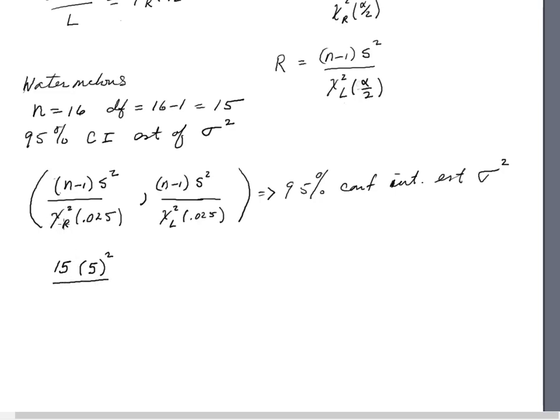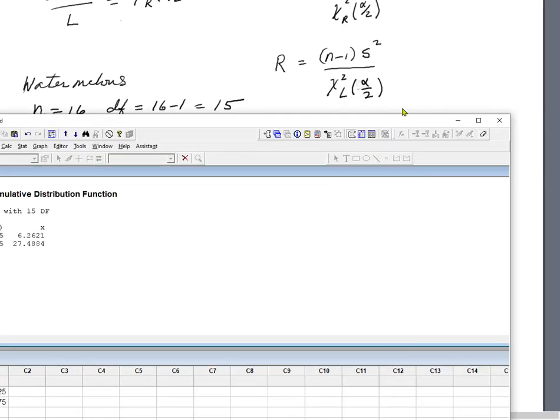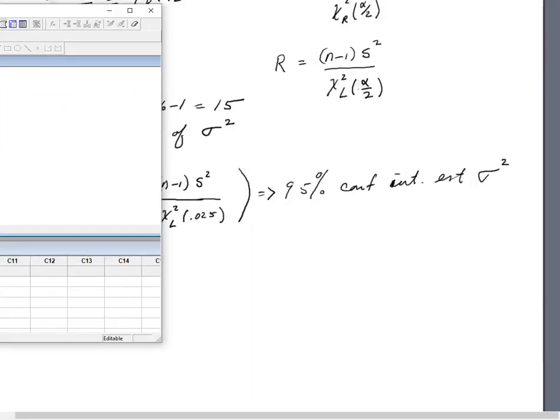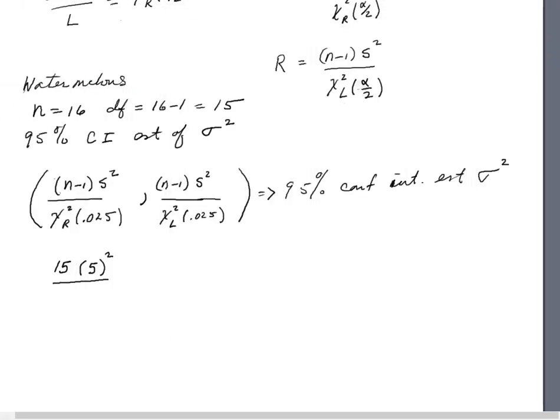And chi-square r 0.025 for 15 degrees of freedom, we calculated that a second ago, and we've still got the results. This would be chi-square on the lower or left-hand endpoint. This would be on the upper or right-hand endpoint. So let me fill those in.